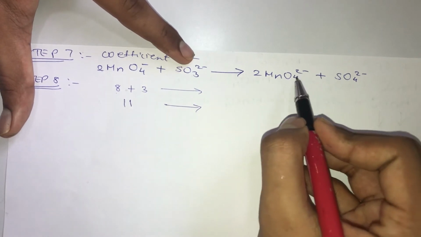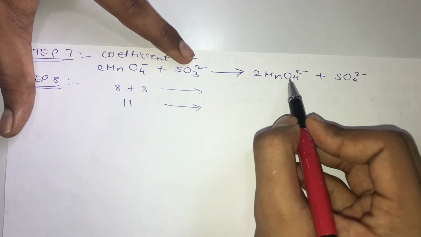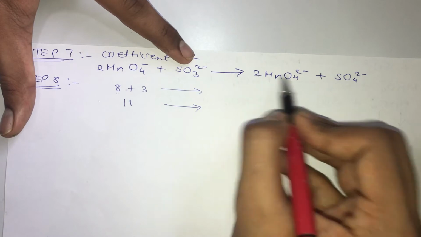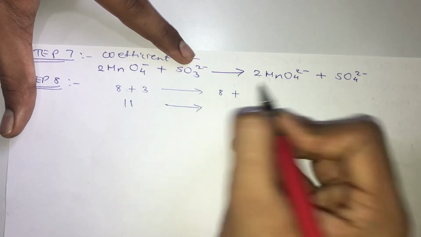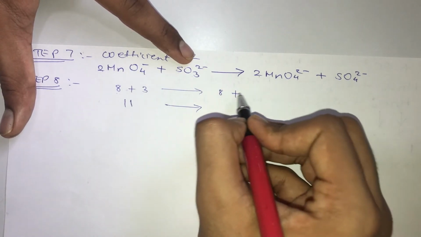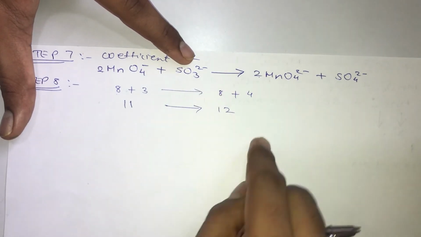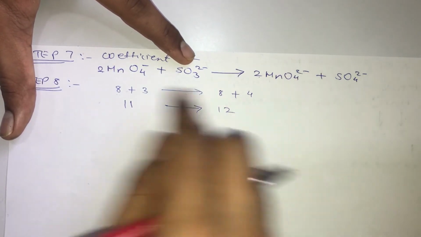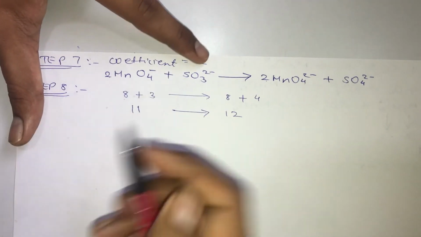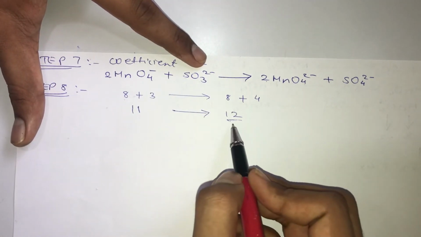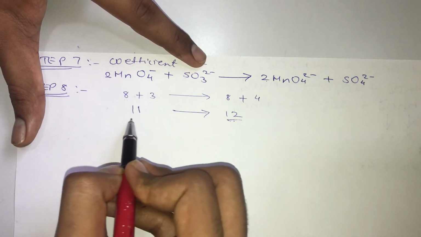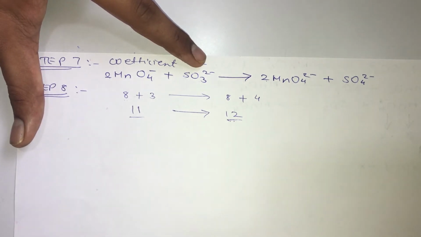There are 2 times 4, 2 fours are 8 plus 4 oxygen atoms. So can I say that there are 12 oxygen atoms on the right hand side? Now if you see over here, the oxygen atoms on the right hand side are greater as compared to the oxygen atoms on the left hand side.